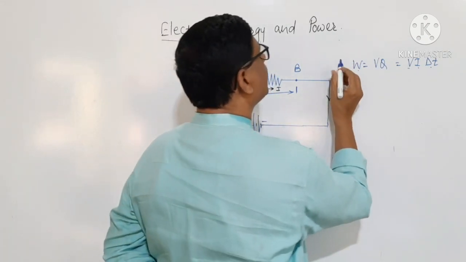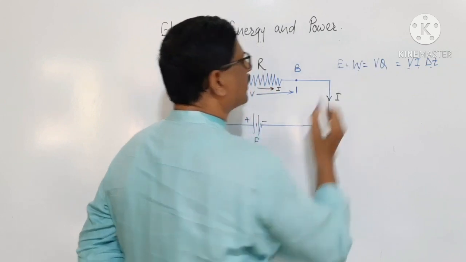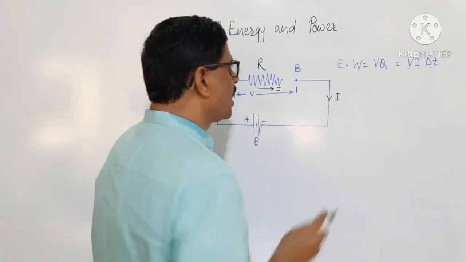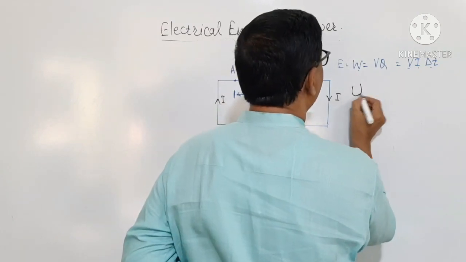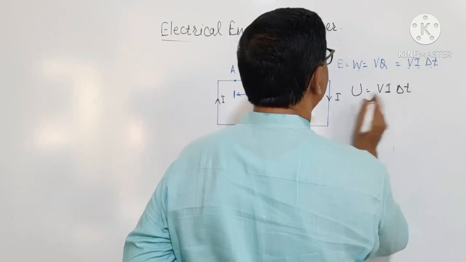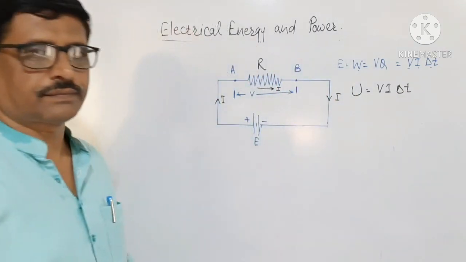This work done is due to the energy supplied. Therefore, the energy consumed by any device is equal to V into I into delta T. This is energy consumed.